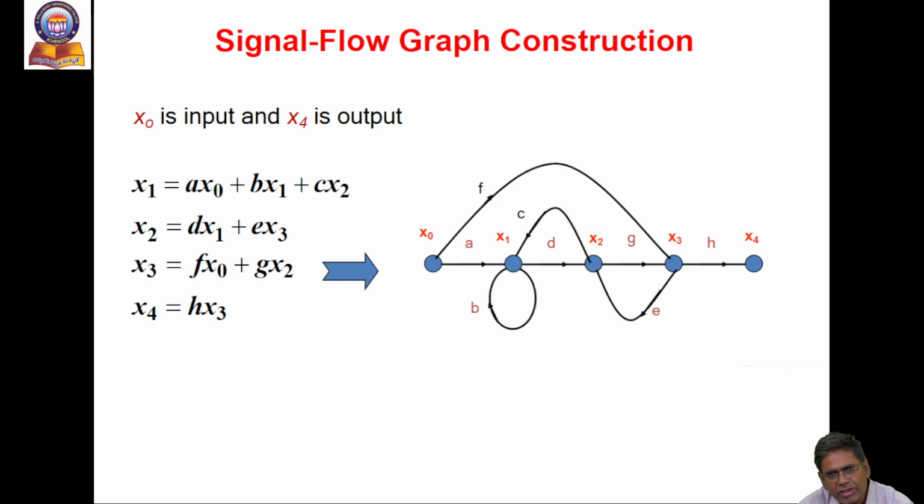X3 equals f x0 plus g x2, with signals coming from x0 to x3 and from x2 to x3, with gains f and g. For x4, the signal coming from x3 to x4 has gain h. This can be represented as a signal flow graph.